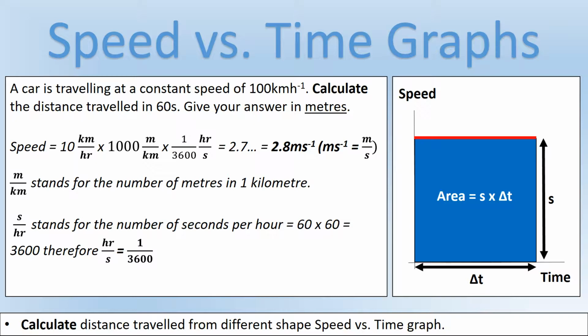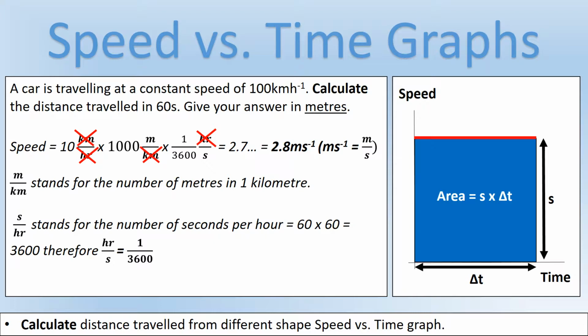And I'll explain to you why we flipped it over now. The reason we multiply by the number of meters in a kilometer is we were trying to cancel out the kilometers as part of the unit. So to start with, the unit is kilometers per hour. By multiplying by meters per kilometer, that has now become meters per hour. By multiplying by the number of hours per second, it finally becomes meters per second, which is the unit that we want.